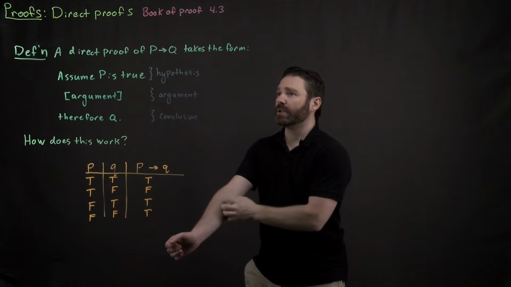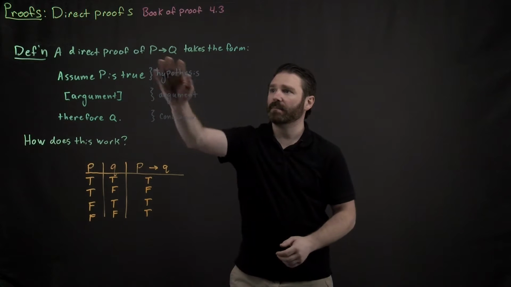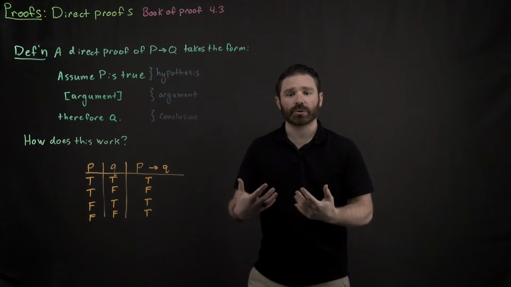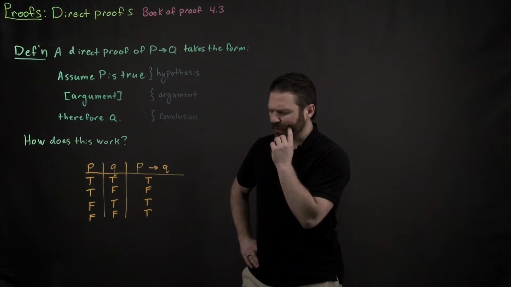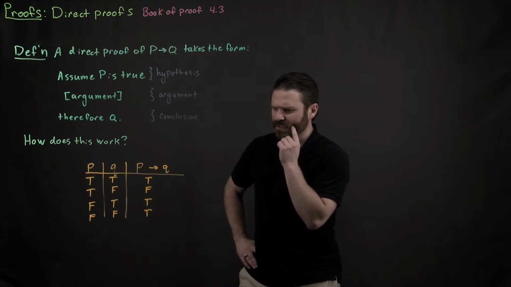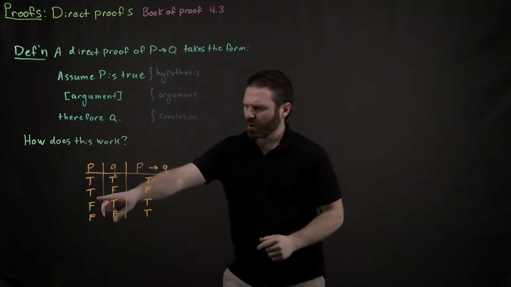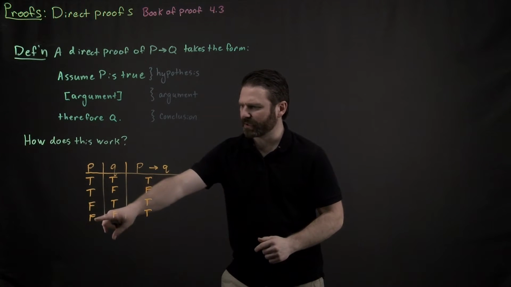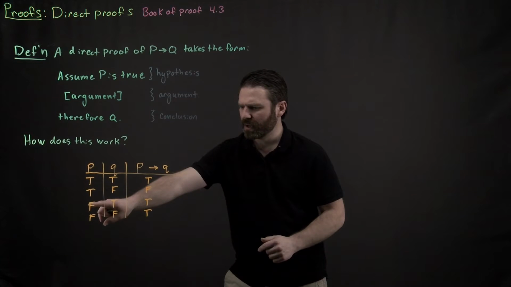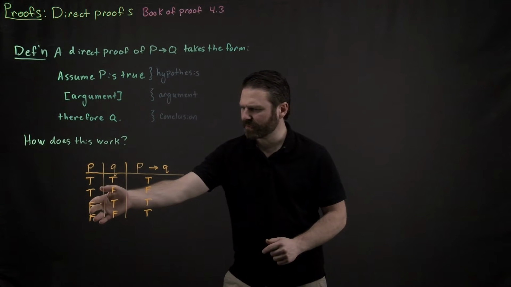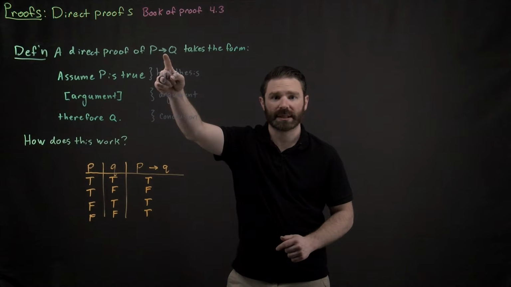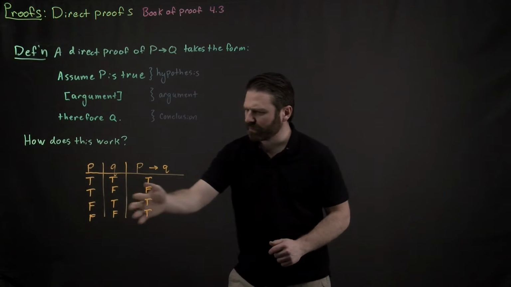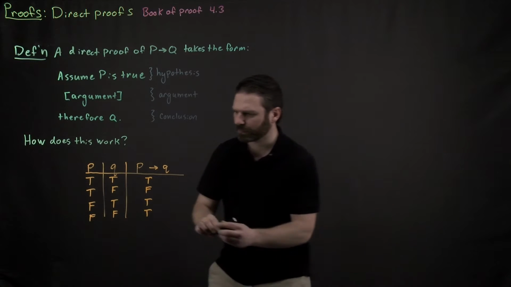So if we are trying to show that P implies Q is a true statement, let's think about this. Well, if we want to show that it's a true statement, we don't really ever have to consider the case where P is false, because if P is false, that automatically means this is a true statement. So we don't even need to consider these right here.